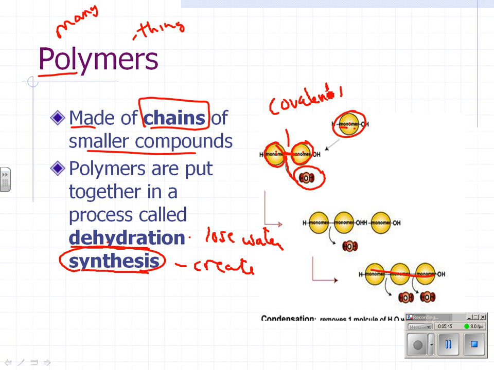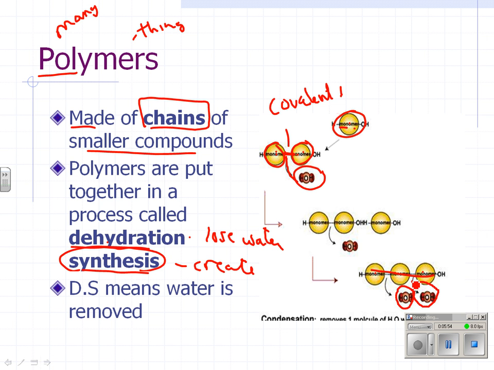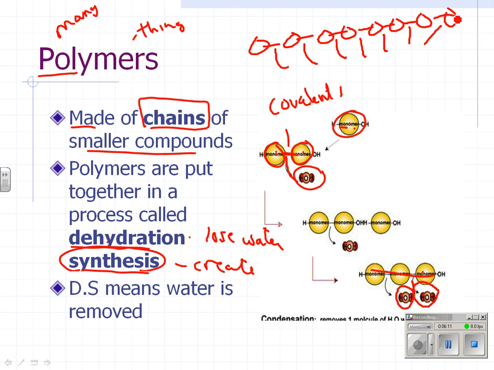It's called dehydration synthesis, which means water is removed. So to take 3 monomers and put them together, we have to remove 2 waters. To take 8 monomers and put them together, we have to remove 7 water molecules. When we do that, they chain together.